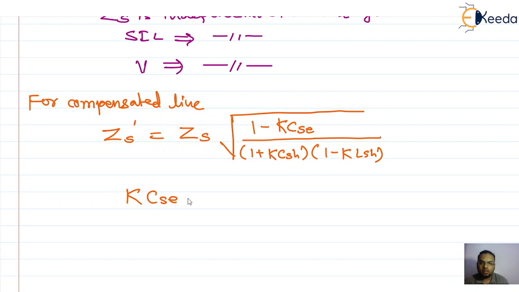This KCSE is actually the percentage series capacitive compensation, SE indicating series and the capital C indicating capacitive.